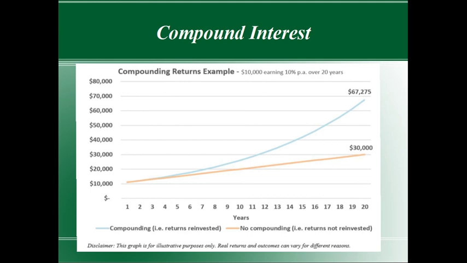But with compound interest, if you leave the interest in the account and earn interest on top of that, you would have ended up with $67,275. That just shows you how powerful compounding can be the longer the time is. So the moral of this story is, if you have an investment, just don't take the interest out. Leave it there to earn interest on top of it.